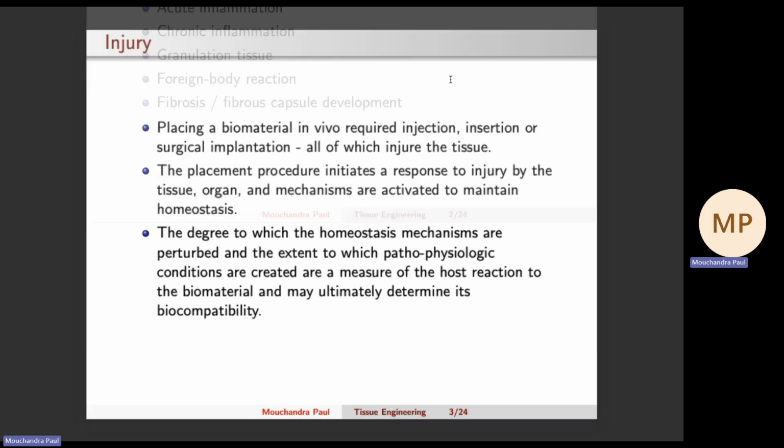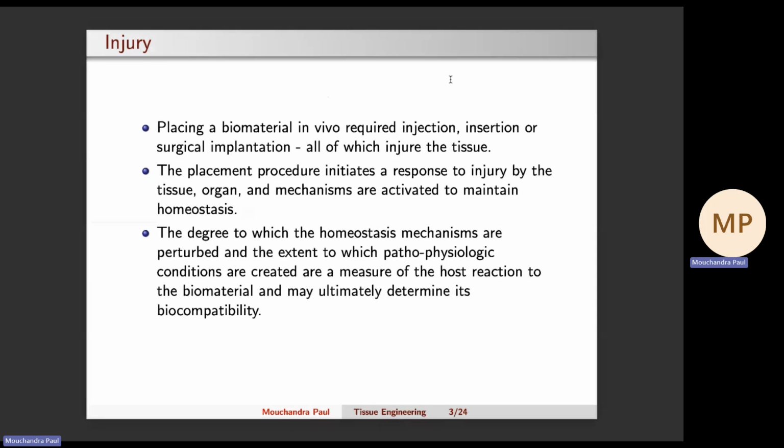While placing a biomaterial in vivo, either through injection, insertion, or surgical implant, we have to injure the tissue. So the placement procedure initiates a response to injury by tissue and organ mechanisms, which are activated to maintain homeostasis. What I'm trying to say is that when you implant your biomaterial, you are going to disturb the homeostasis of that tissue or organ.